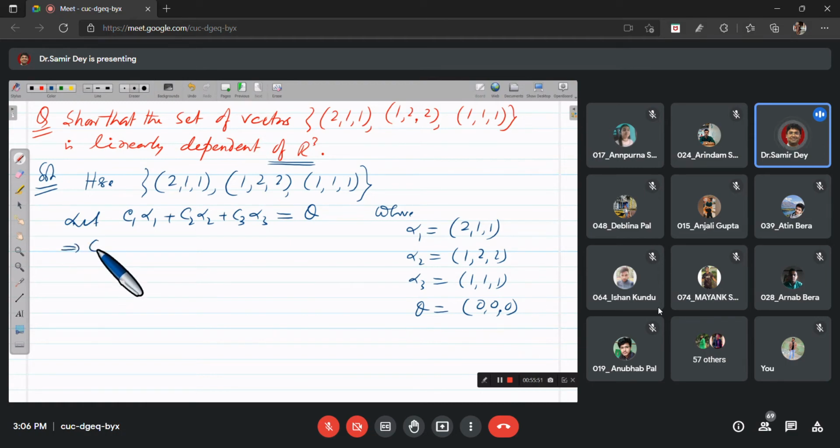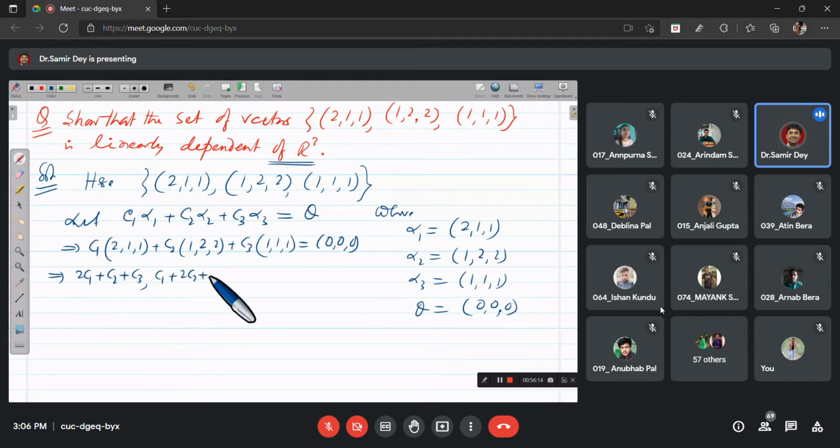So from here we may write C1 (2,1,1) plus C2 (1,2,2) plus C3 (1,1,1) is equal to (0,0,0). So we may write (2C1 plus C2 plus C3, C1 plus 2C2 plus C3, C1 plus 2C2 plus C3) is equal to (0,0,0). Can you write this?